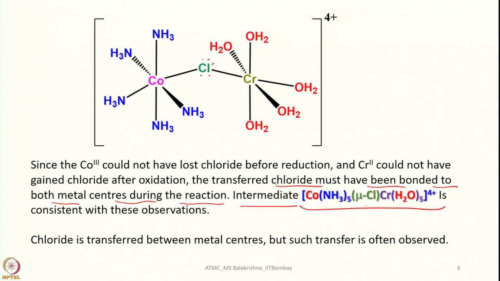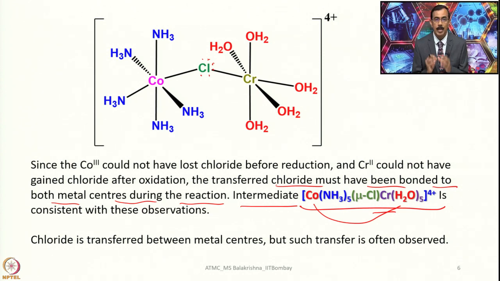I have put different colors to emphasize the nature of the bridging complex, or transient species, or encounter complex here. Chloride is transferred between metal centers, and such transfer is often observed. Of course, it is quite common to see this kind of inner sphere mechanism, as I mentioned, when we have a ligand capable of a bridging coordination mode on either of them.